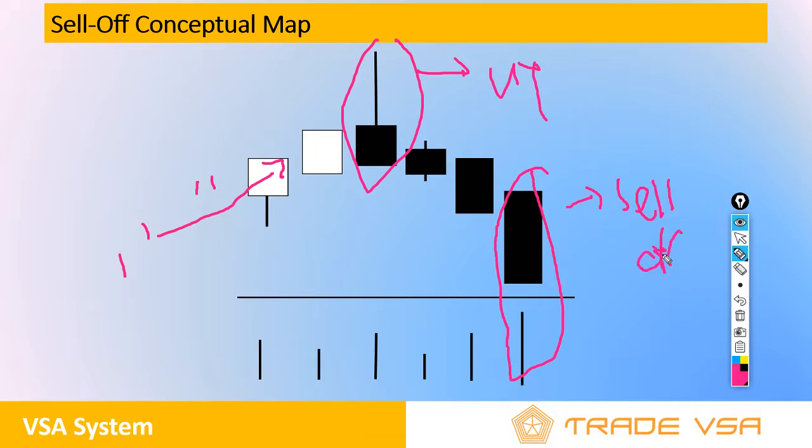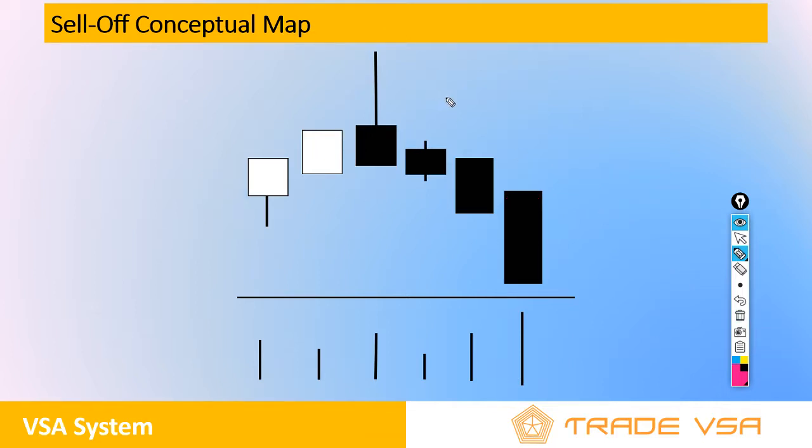So this is how a sell-off looks, the opposite of accumulation for line change. Basically, a sell-off is the opposite of line change. A sell-off is on markdown, while line change is the beginning of stage 2.